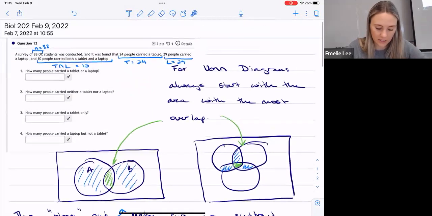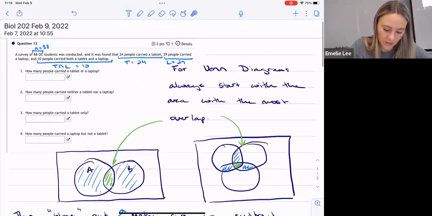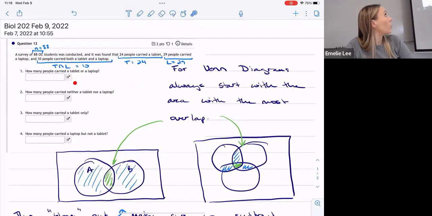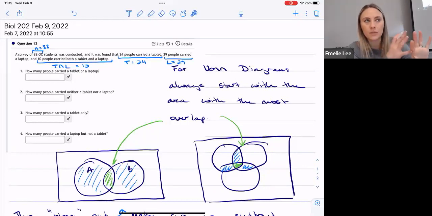So now we can answer how many people carried a tablet or a laptop. One thing to remember is that the or is either a tablet or a laptop or both.